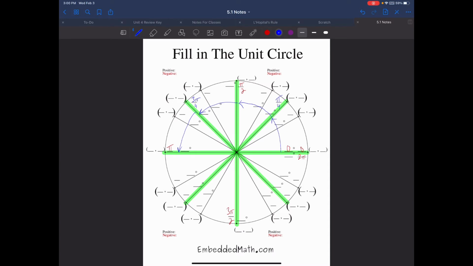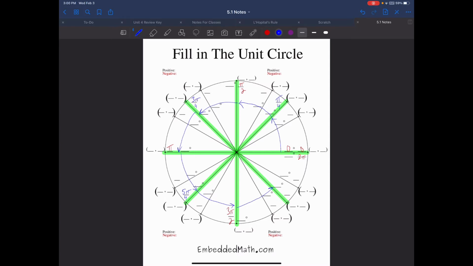The next one is here. So how many fourths did we go? 1, 2, 3, 4, 5. So this is 5 pi over 4. So I'm just counting, and I'm just adding 1 to the numerator. So then I go 1 more. So that's 6 pi over 4, which reduces to 3 pi over 2. 1 more.